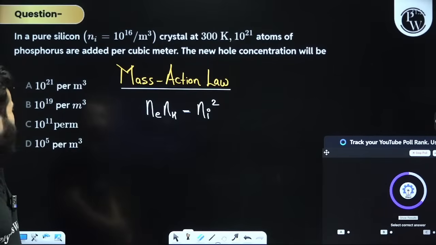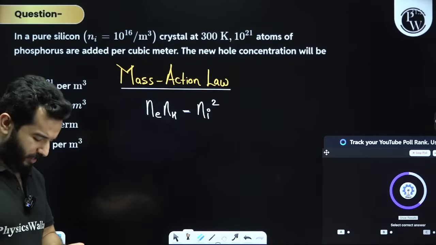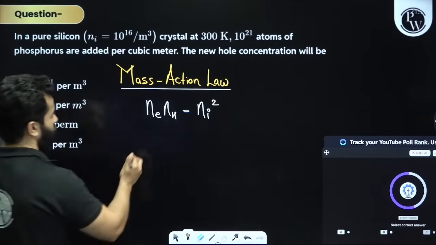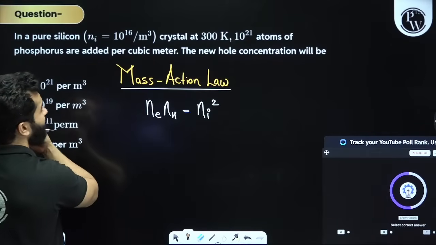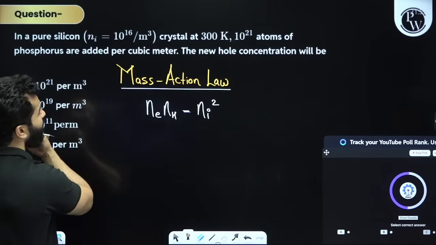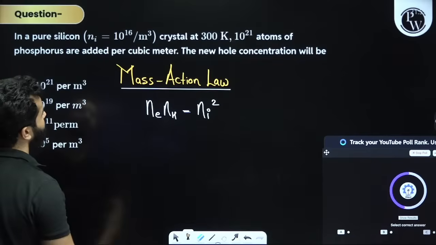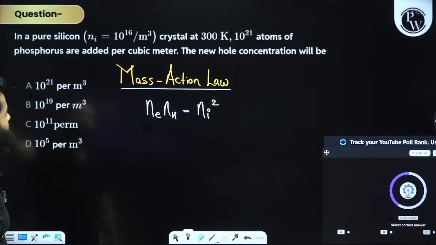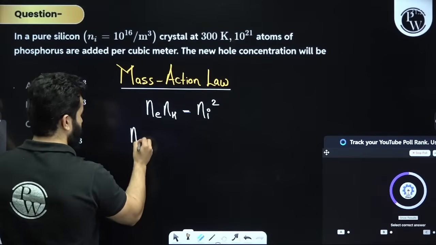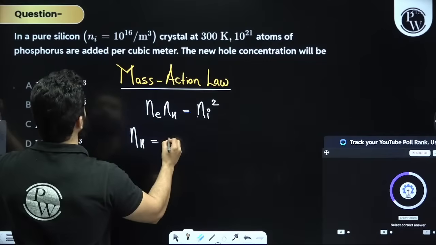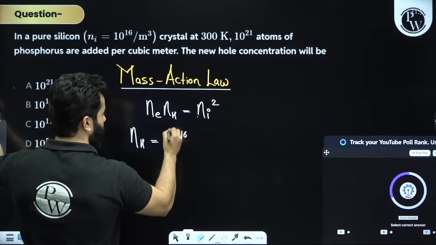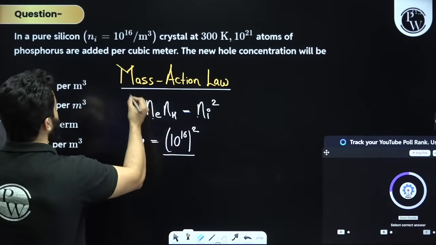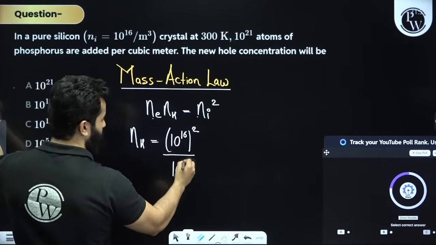Phosphorus concentration, that means we are talking about, sorry, N type. They have given us Ni, so Nh will be the square of Ni, that means 10 to the power 16 whole raised to the power 2, divided by Ne. Ne is 10 to the power 21.